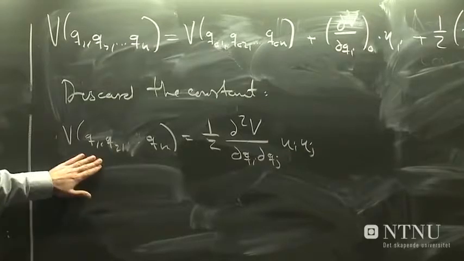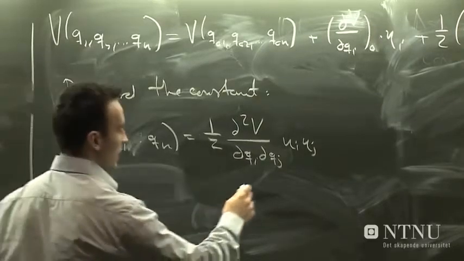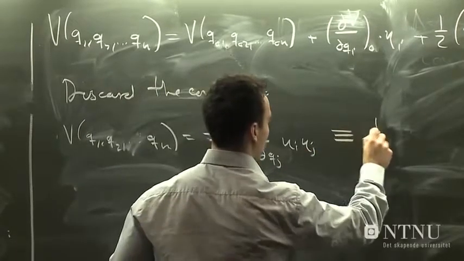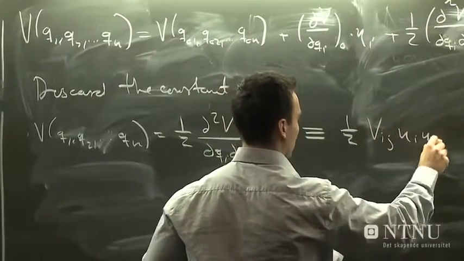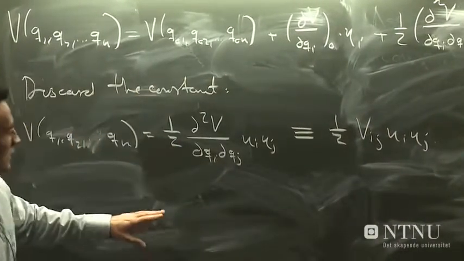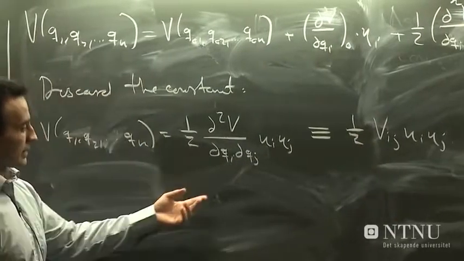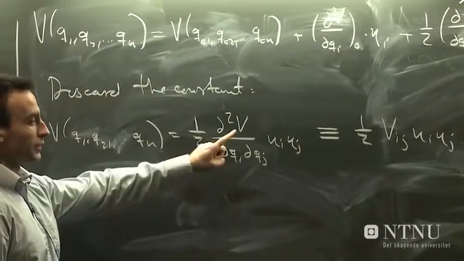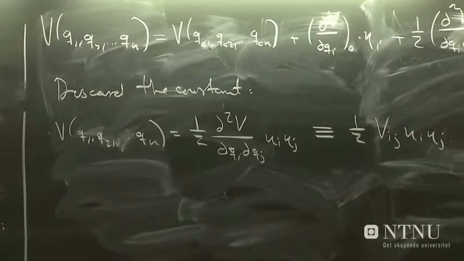So we end up with this. And let me define this in the following way. This Vij quantity is to be understood as the partial derivative of V with respect to the generalized coordinates qi and qj.